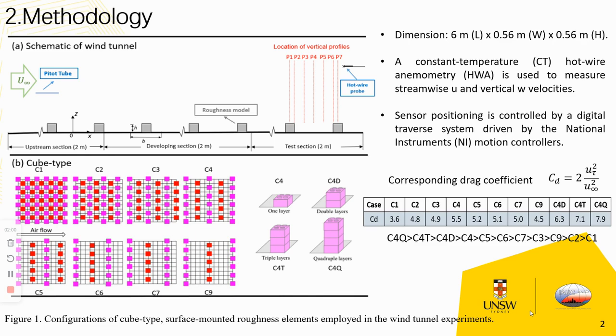We calculate the drag coefficient using the friction velocity and the free stream velocity, and this shows the drag coefficient of the different roughness element configurations.